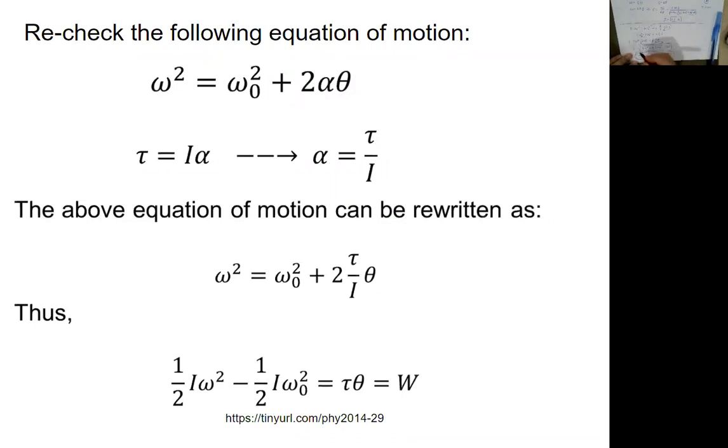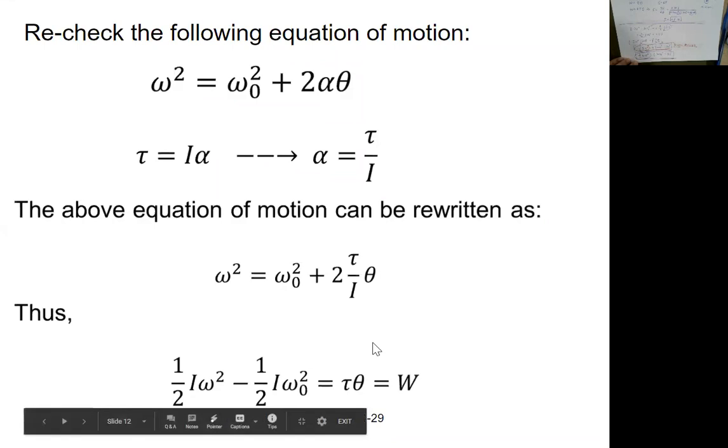So in rotational motion, we also call this kinetic energy, but in rotational motion. That means rotational kinetic energy final minus rotational kinetic energy initial is equal to the work done in rotational motion. This is the similar statement to the linear motion, so this is the work energy theorem in rotational motion.